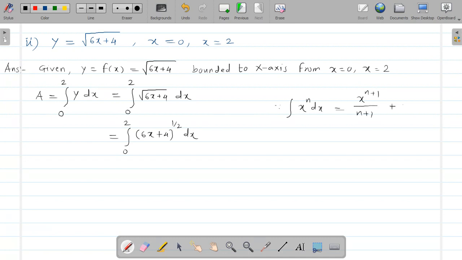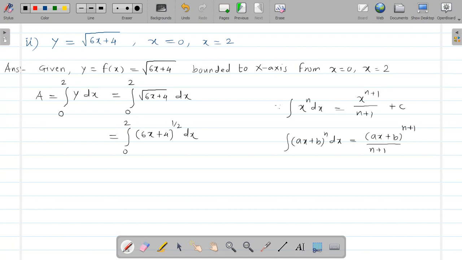plus constant. But suppose in place of x, if there is ax plus b raised to n, then how will you integrate that? You have to integrate like this: ax plus b raised to n plus 1 upon n plus 1, just like x raised to n. We have to evaluate here also for ax plus b raised to n, where a and b are constant. But in this case, if we write ax plus b raised to n plus 1 upon n plus 1 only, then it is wrong.